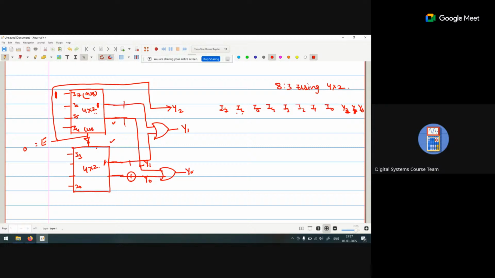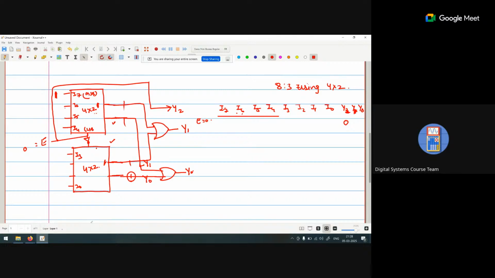Okay. Now I explain this. Let's assume E is 0. There is no effect of this particular input pin. Why? Because my upper decoder with pins I4 to I7 will be disabled. So whatever input I connect there, there is none. Along with that, Y0 is 0.